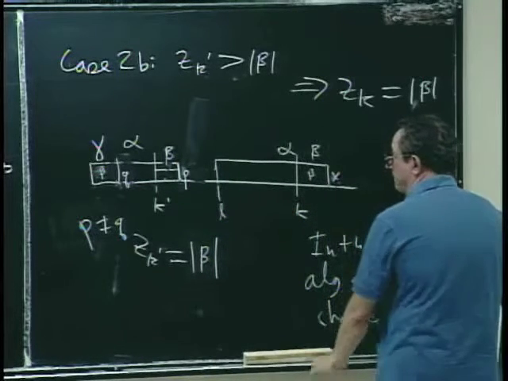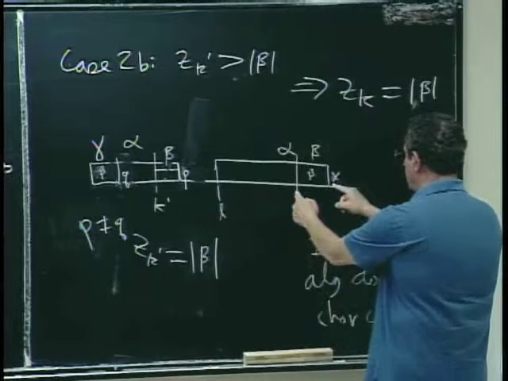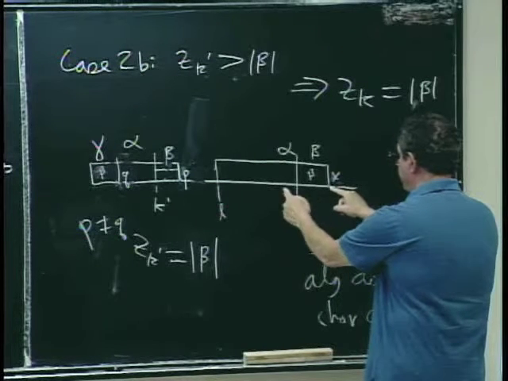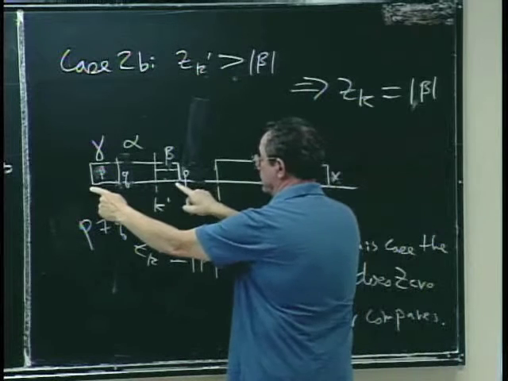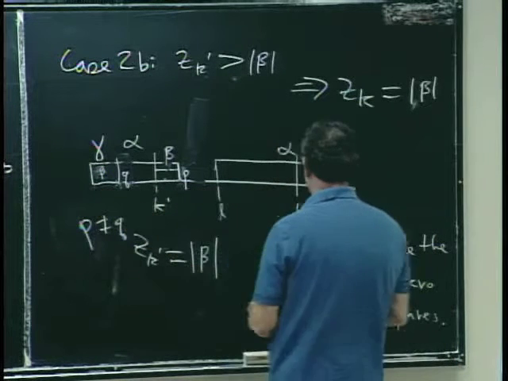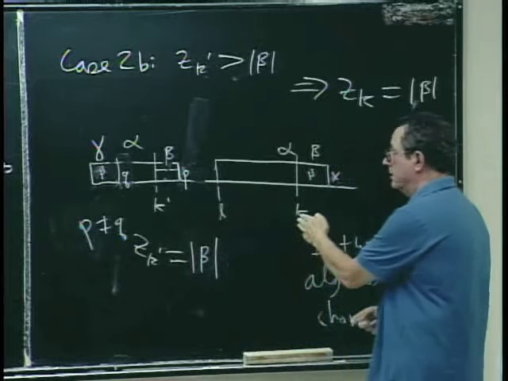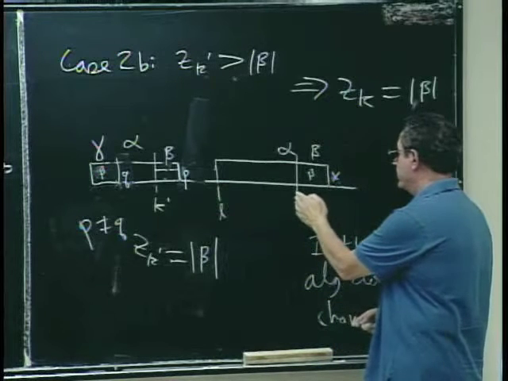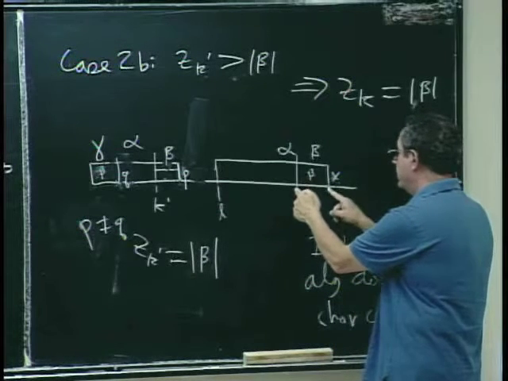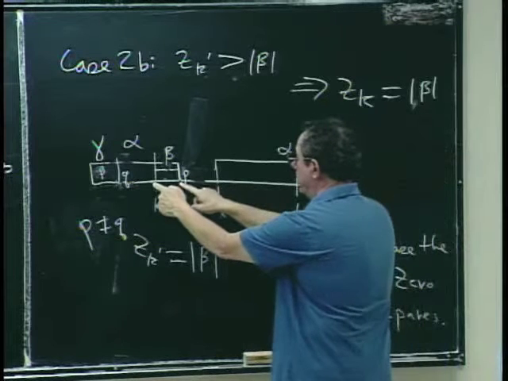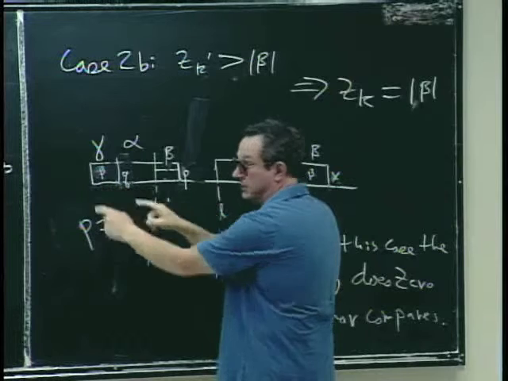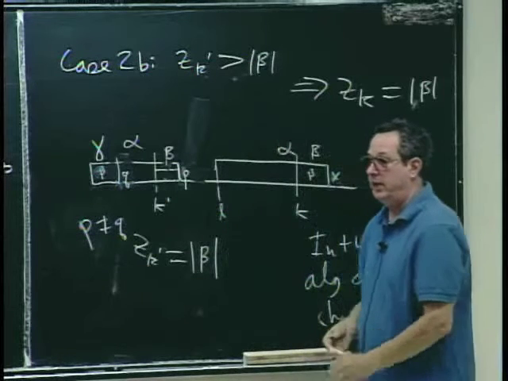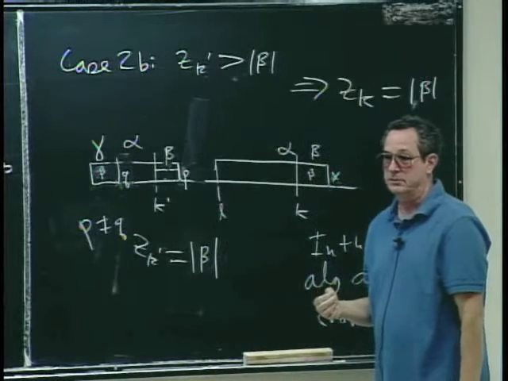Now, this gamma still matches that gamma, okay? And therefore, starting at k, there's still a match of, this is still beta, which matches that beta, and therefore, of course, it matches that beta. So we see that zk, what can we say about zk at this moment?